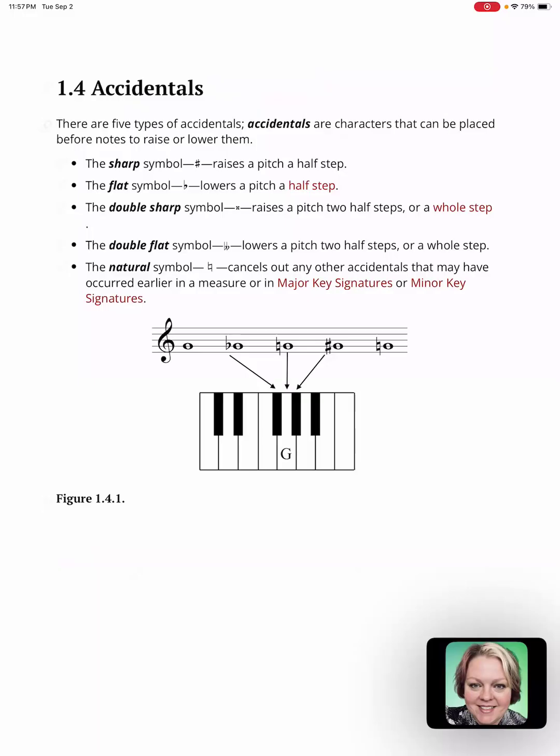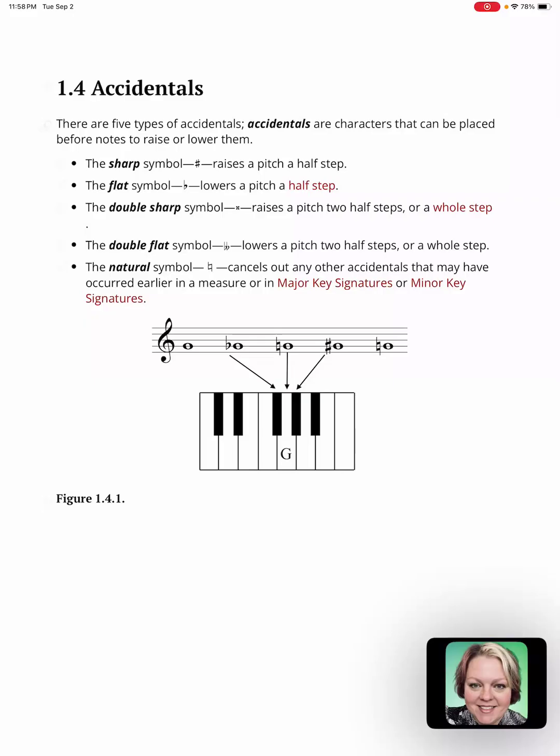So this is sort of a conventional way of printing music and how it works. If you are in a measure and you have, let's say, something like a C sharp, from that point forward, all the way up until the end of the measure, any of the other C's are automatically C sharps as well.